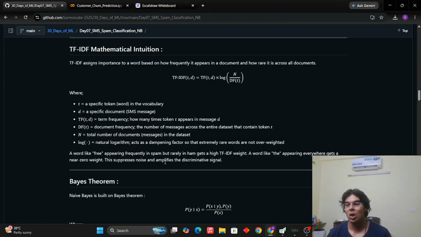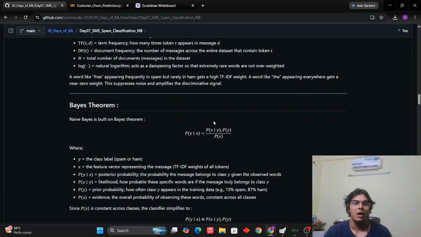They repeat too much and they are not contributing in any sense in the training of the model. We don't need them to train the model. So these words automatically get a very low score because they are frequently appearing and they're not adding much value to the model. So this suppresses the noise and amplifies the discriminative signal. Okay, so this is what the TF-IDF is doing.